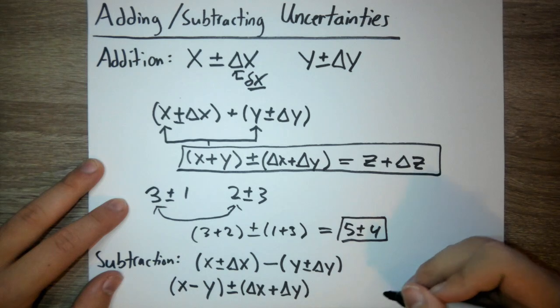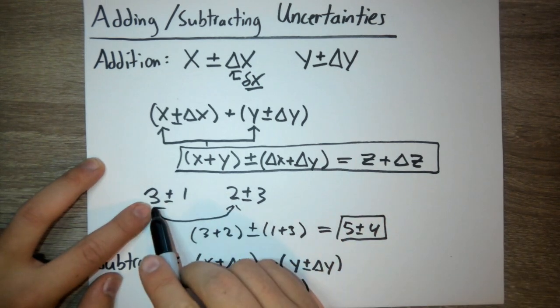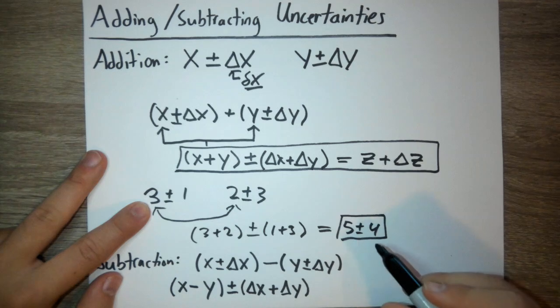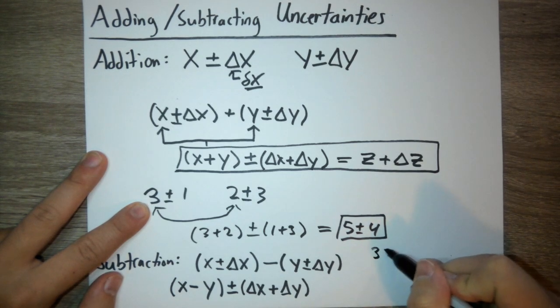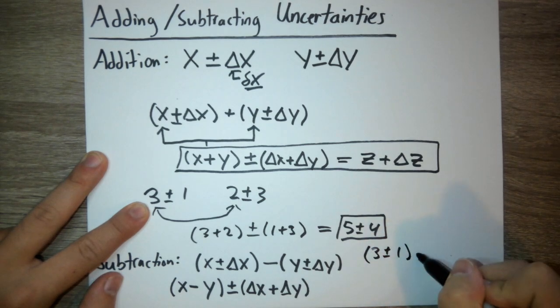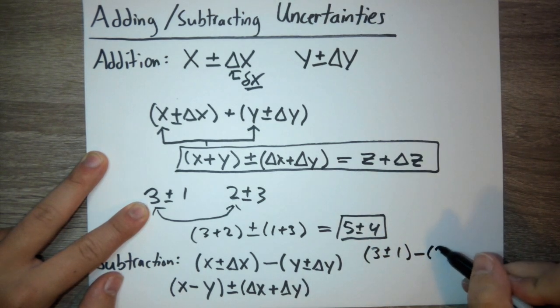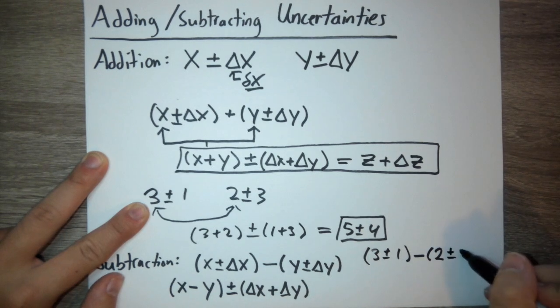So if we want to do an example with this, say we do the same thing with these numbers. Take 3 plus or minus 1 minus 2 plus or minus 3.